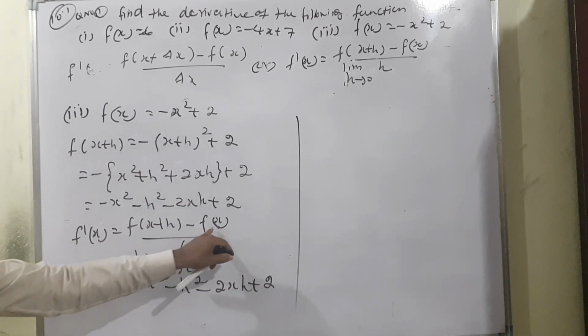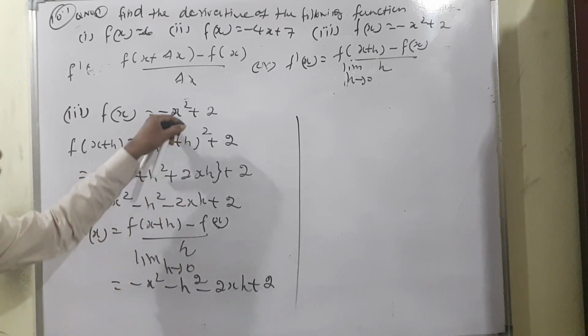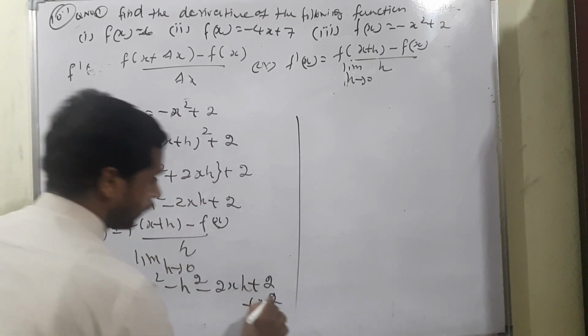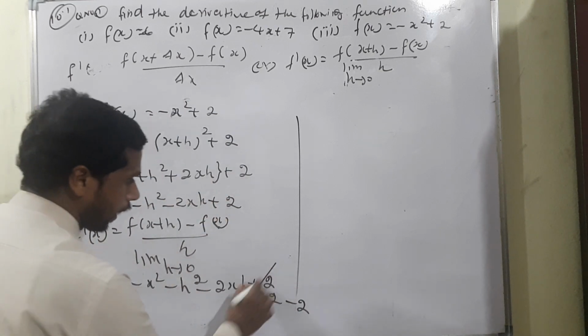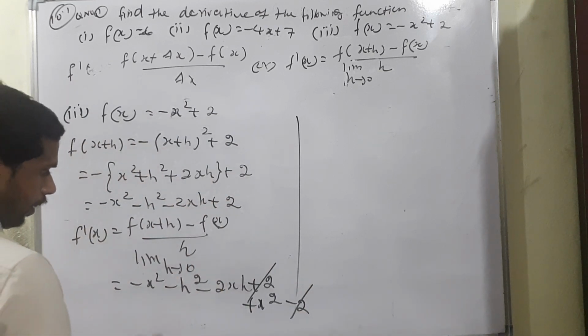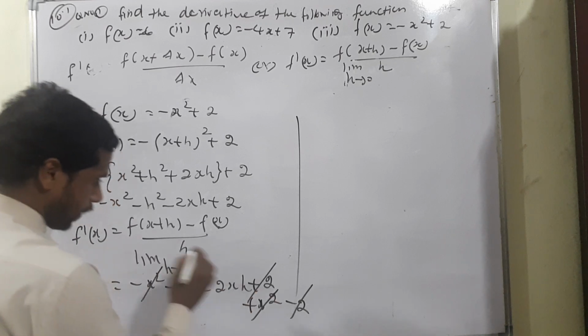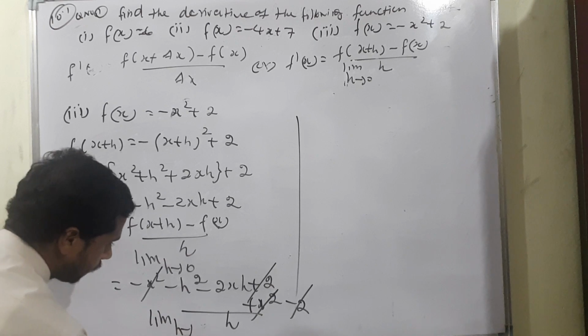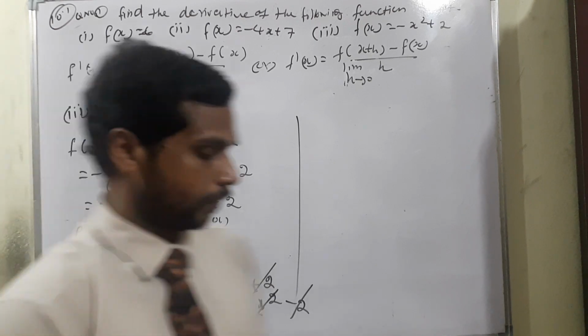Remaining, minus of f of x: minus into minus is plus x square, and plus into minus is minus 2. What cancels? Plus 2 minus 2, and minus x square plus x square. The whole term is divided by h, where the limit consideration is h tends to 0.